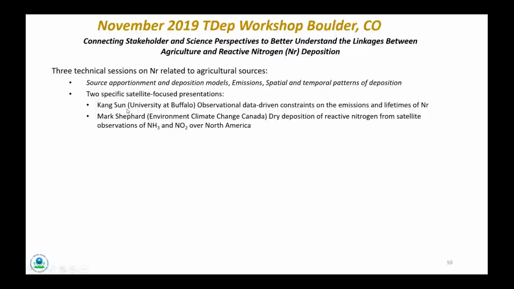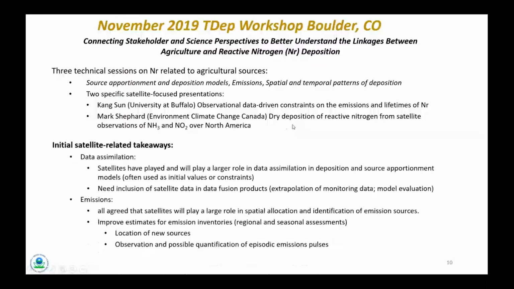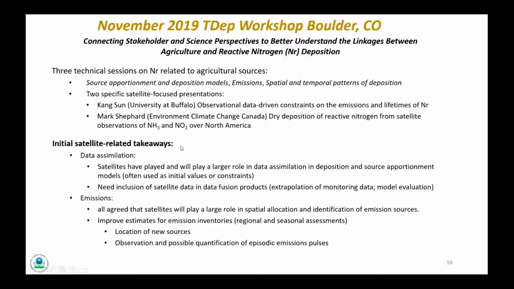These are the presentations that were given: Kang Sun on the emissions and lifetimes of reactive nitrogen, and Mark Shepard from Environment and Climate Change Canada, more of a direct application of satellite measurements to dry deposition measurements.